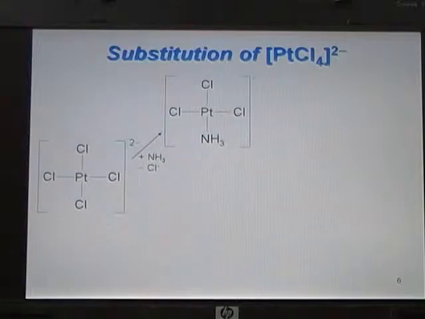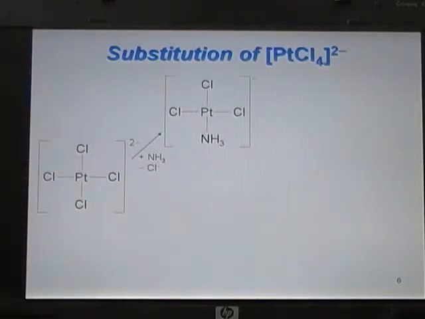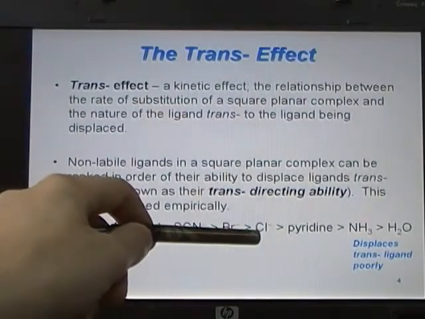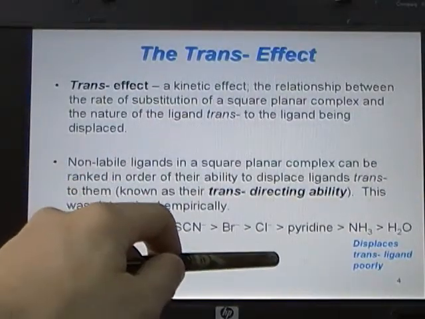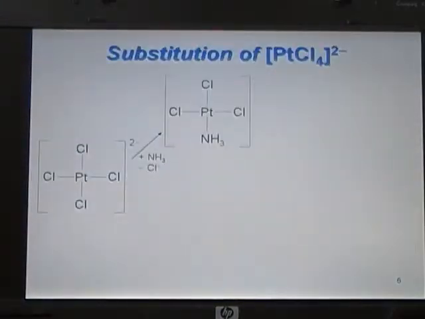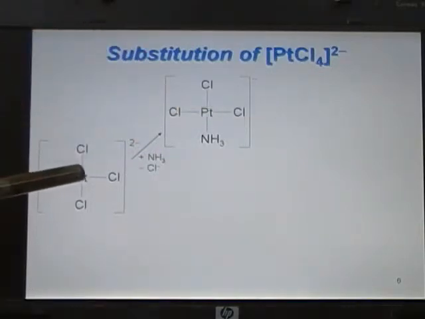Now, thinking about the trans effect and the trans-directing series, we have to decide which ligand is going to be a better trans director, NH3 or Cl. If we look back, we see that Cl- displaces the ligand trans to it much better than NH3. Therefore, we should use one of these Cl's to displace the one trans to it.